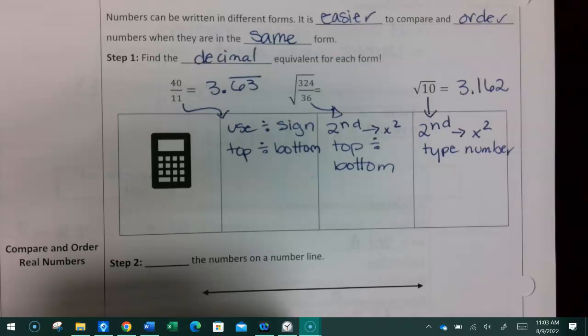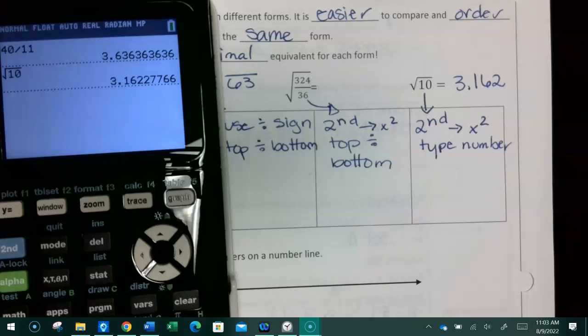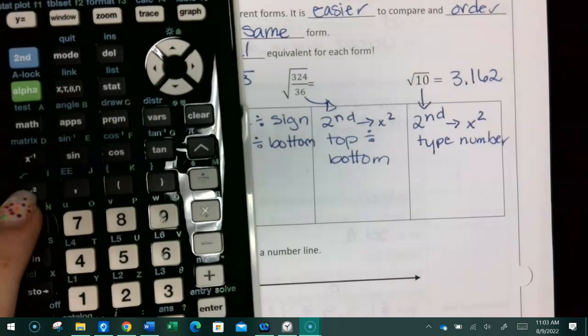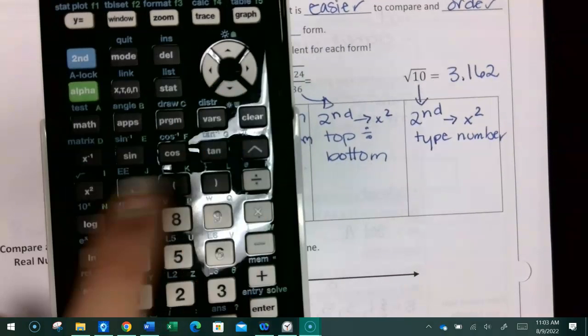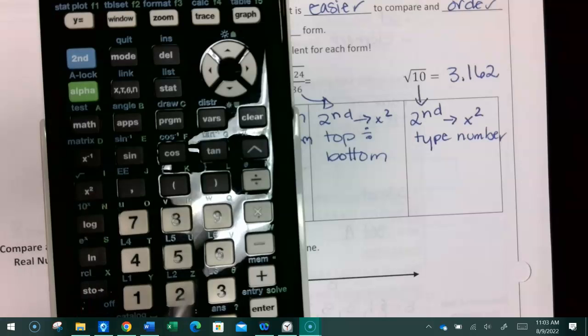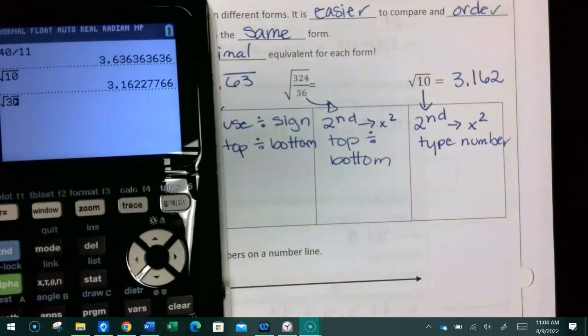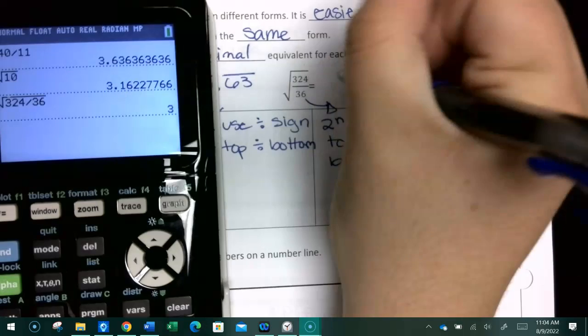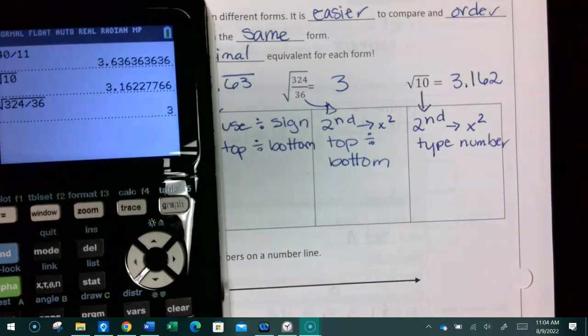Okay, so I want to go on my calculator to do this. I'm going to go second. The x squared button again is diagonal from the 7. Then I'm going to type 324 divided by 36 and press enter, which gives me 3.